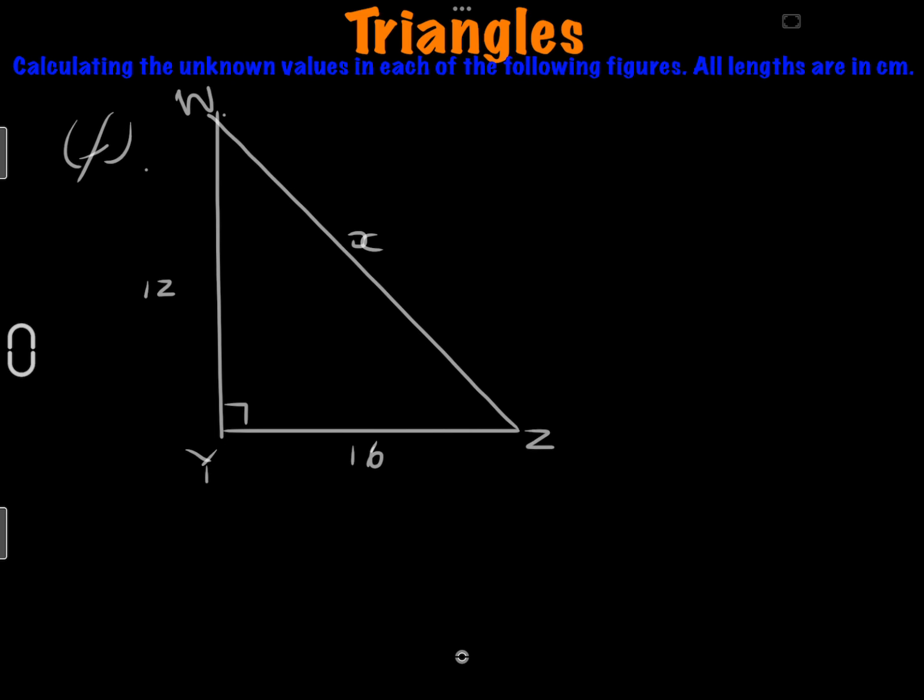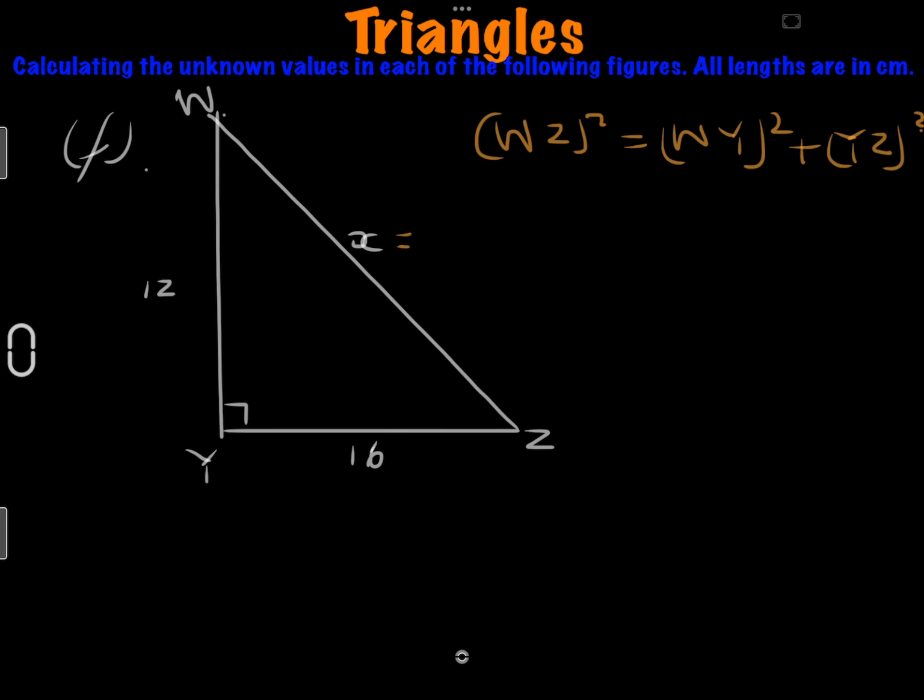How it goes, I'm going to denote two applications with regards to this. We're going to say side WZ squared is equal to, since this is the hypotenuse, side WY squared plus side YZ squared.